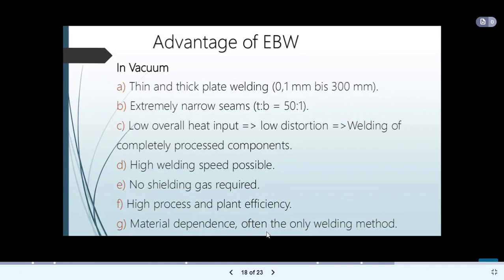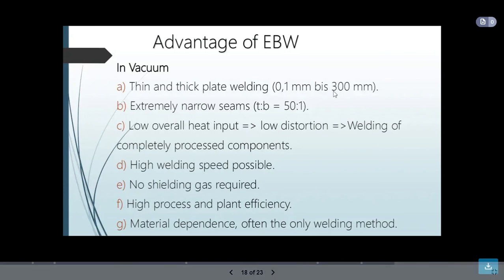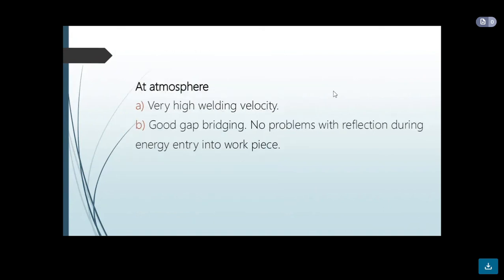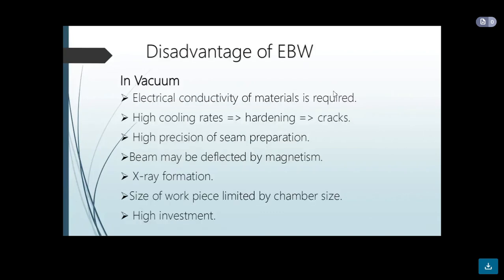It is the only welding method that is often material independent, meaning a large range of workpieces can be joined by electron beam welding. So these are some advantages of electron beam welding. Then at atmosphere, very high welding velocity, good gap bridging, and no problem with reflection during the energy entry into the workpiece. Then what are the disadvantages of electron beam welding?